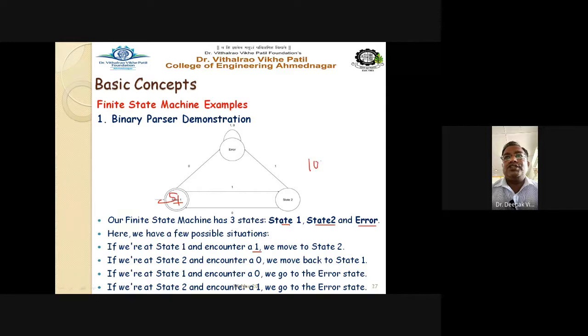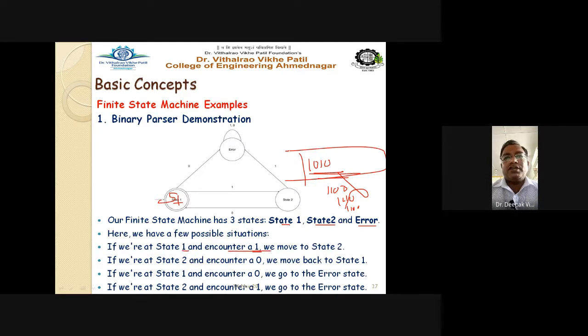We have to see that our sequence must be in this particular format. Any sequence other than this 101010 must give an error, right? The string must have this 1010 only. Other sequences, for example 1100 or 1110, are all treated as invalid, because we are designing a finite state machine for the sequence of this particular type, 101010 only.